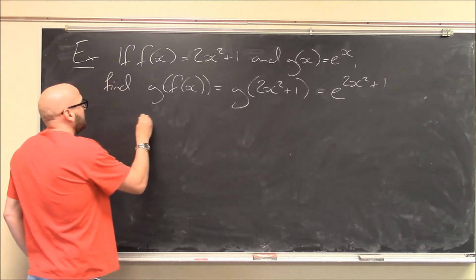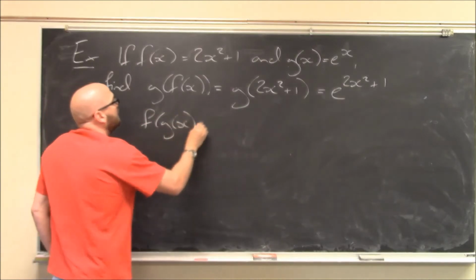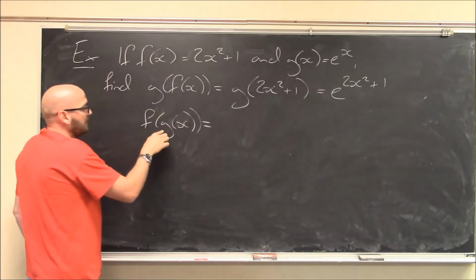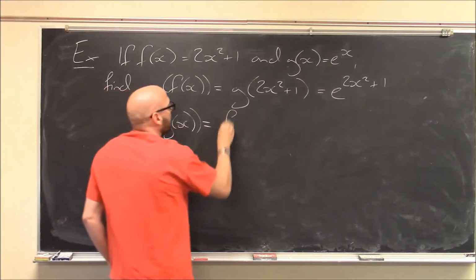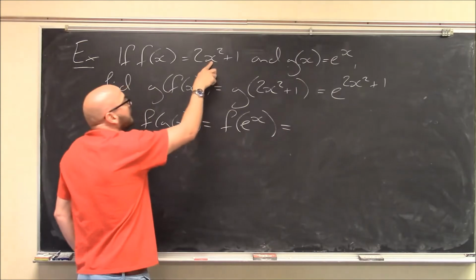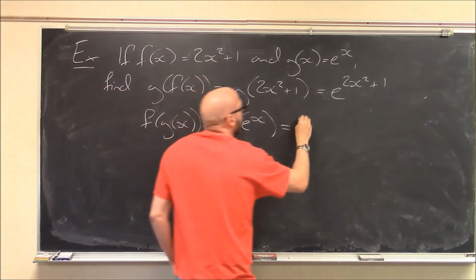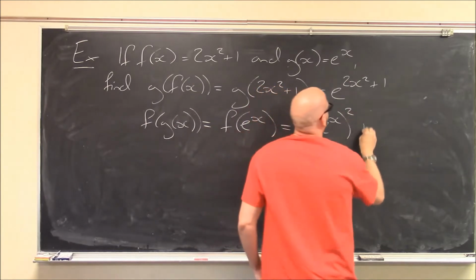All right, let's find f of g of x. Right, what does that mean? That means everywhere I see x in f, I'm going to plug in g of x, so that's f of e to the x. So everywhere I see x, I plug in e to the x. This will be 2 times e to the x squared plus 1.